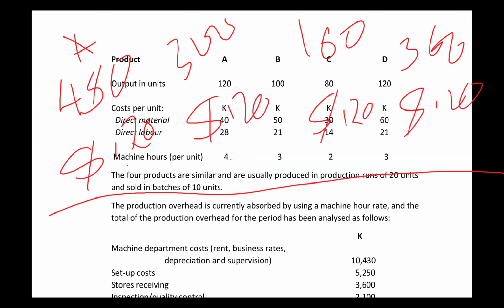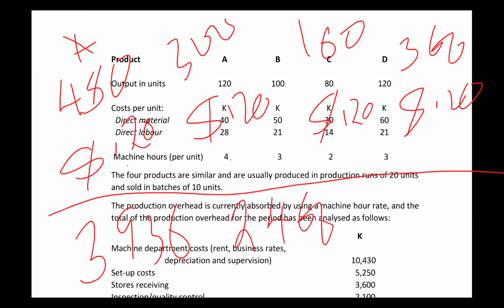So 8.20 times 480 gives us 3,936 for the first one. The second one, 8.20 times 300, gives us 2,460.